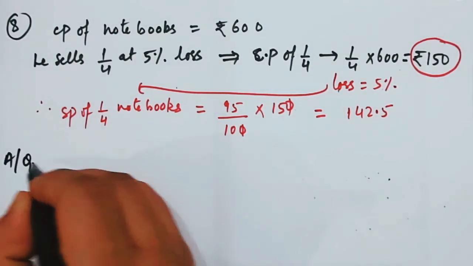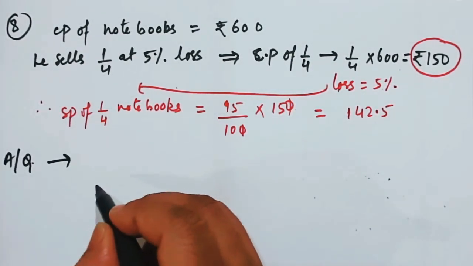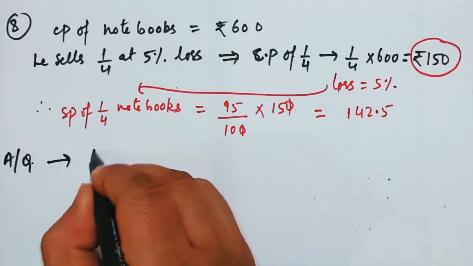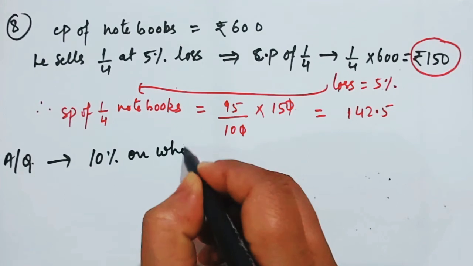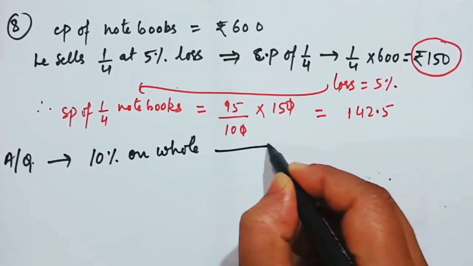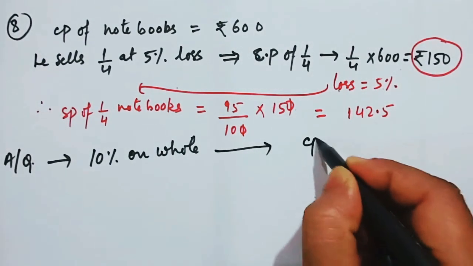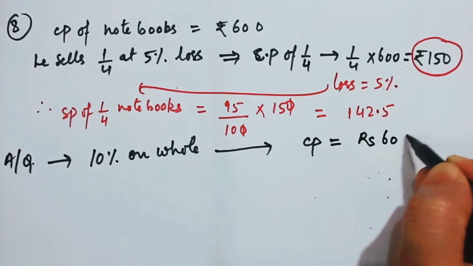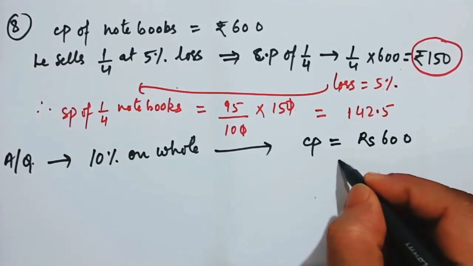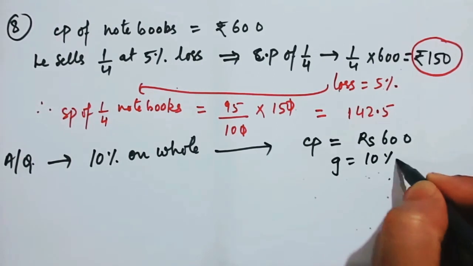According to the question, he wants to gain 10% on the whole transaction. 10% on whole means what? It means the total cost price was rupees 600, and gain is equal to 10%.